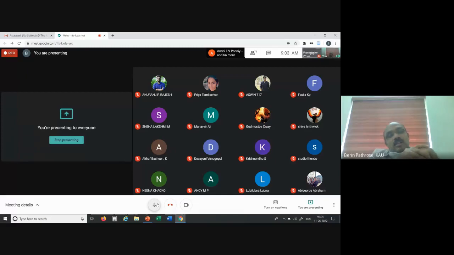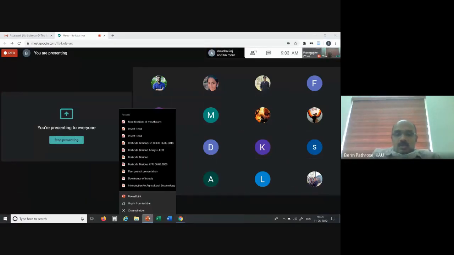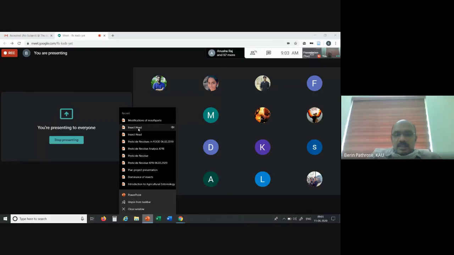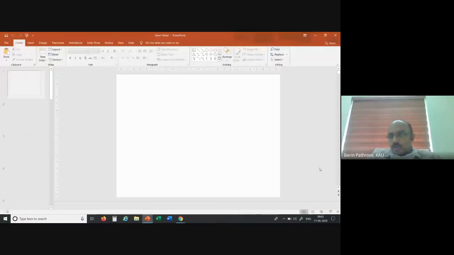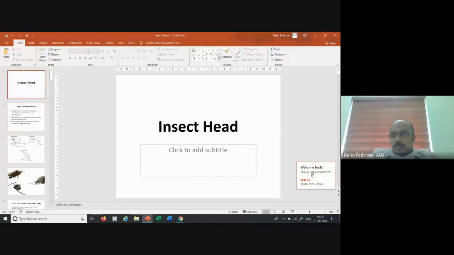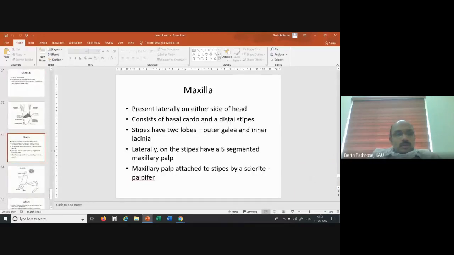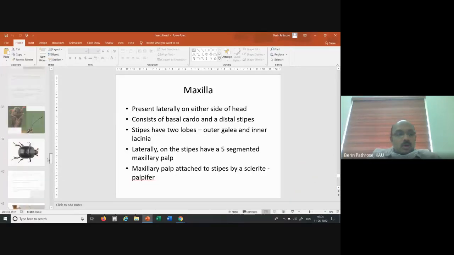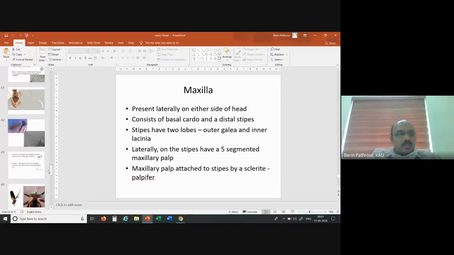And there is one more antenna which I didn't teach you, the hooked antenna, which is a modification of capitate antenna. So today, first we will see those two antenna types, and then we will move on to the modifications of insect mouth parts.